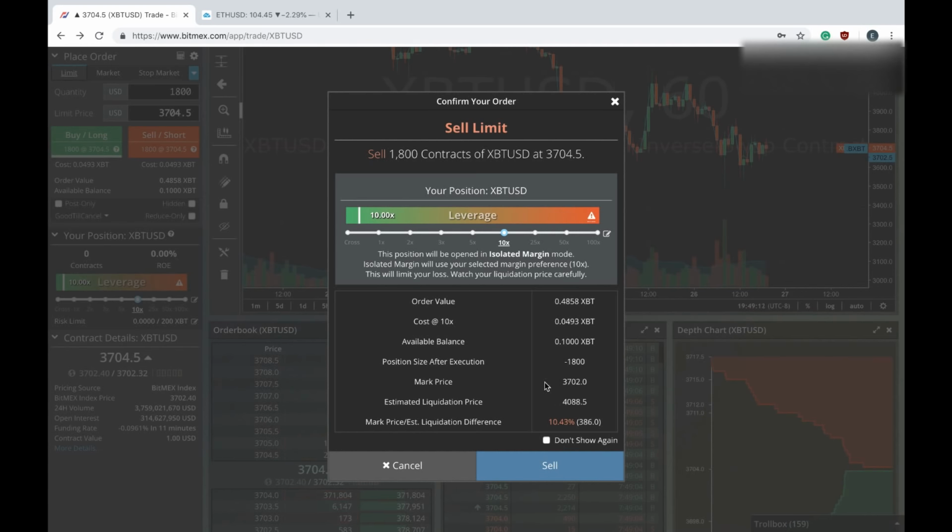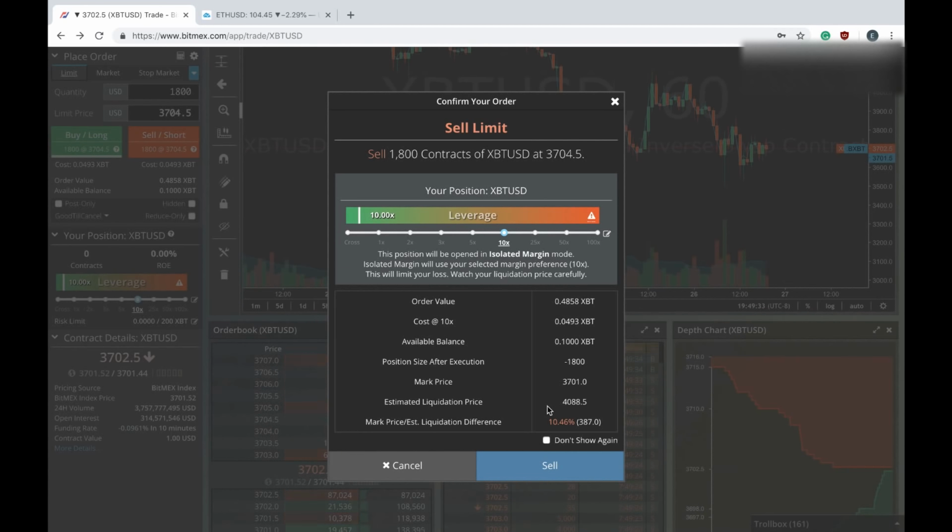So liquidation is one of the dangers with leverage trading. Liquidation basically means that if price reaches this liquidation point, your position will be automatically closed, and it'll be zero. It'll be worthless.